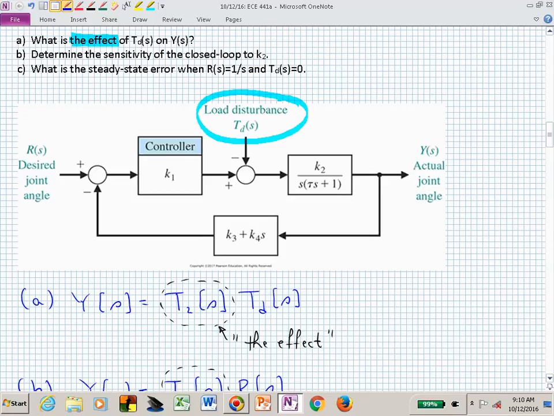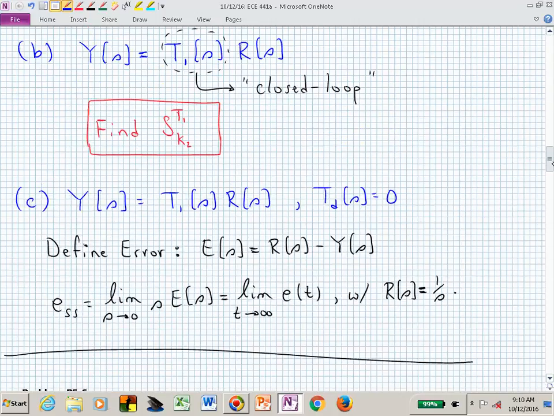And that's what we're defining as our error. So that's r minus y. You can find an expression for y in terms of r. You've got that transfer function. You can plug that into this expression for y, and now you have e as a function of r, and you know r is 1 over s. So you can calculate that from that expression.